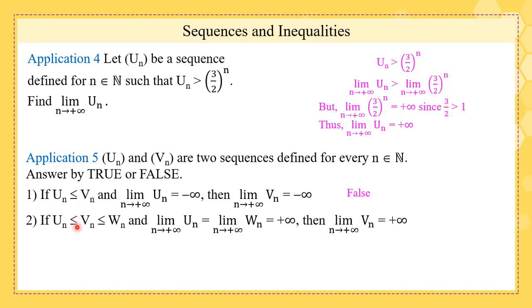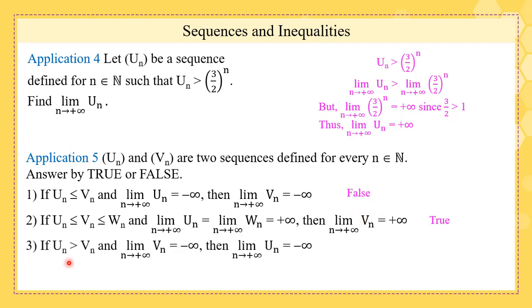If Un is less than or equal to Vn less than or equal to Wn, and the limit of Un is equal to the limit of Wn is equal to plus infinity, then the limit of Vn is plus infinity. Try to do it alone. Well, this is true. In this case specifically, we can say if the limit of Un is plus infinity and Vn is greater than Un, then the limit of Vn is plus infinity.